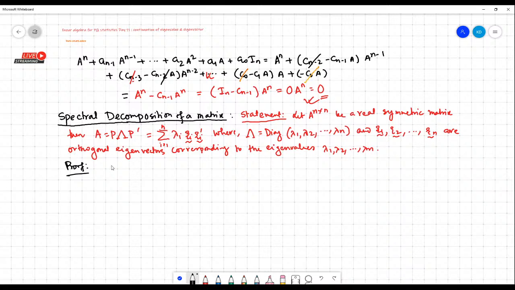We know A ξ_i = λ_i ξ_i for all i from 1 to n.